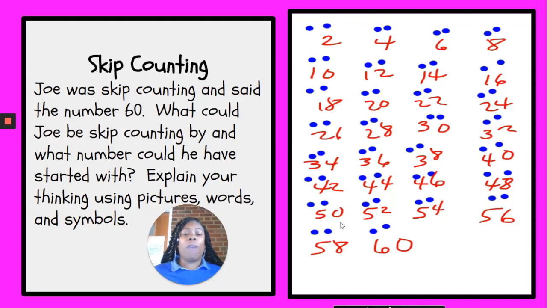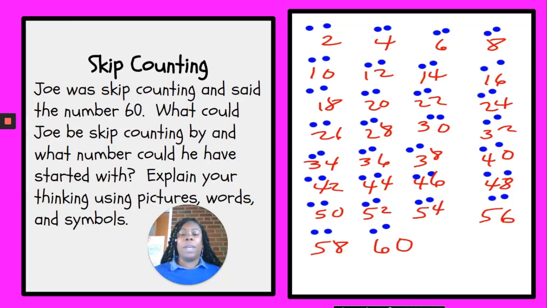So I know that right after 50, my next number, counting by twos, is going to be 52. And then after that will be 54 because it follows the pattern of 2, 4, 6, 8. So me starting at 50 really helped me to see the pattern 50, 52, 54, 56, 58.